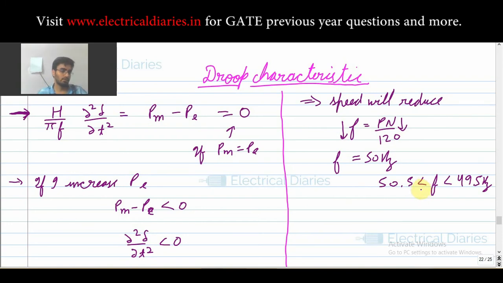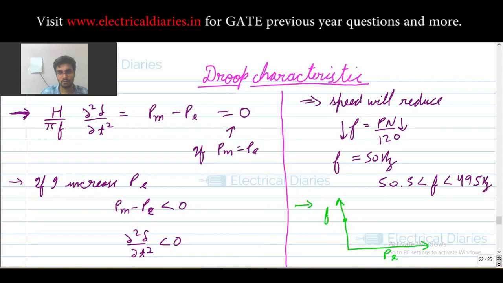Okay, so now what we are observing here is that as you increase Pe, your frequency has decreased. Okay, so if you want to plot it, with a large number of reasonable assumptions, we can say that as your Pe increases, your frequency decreases.